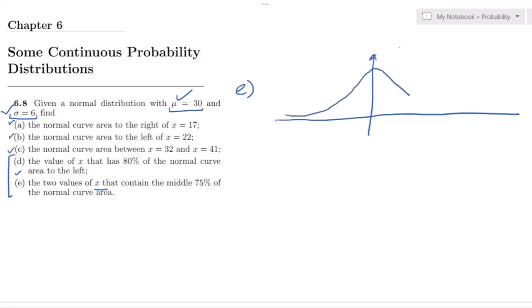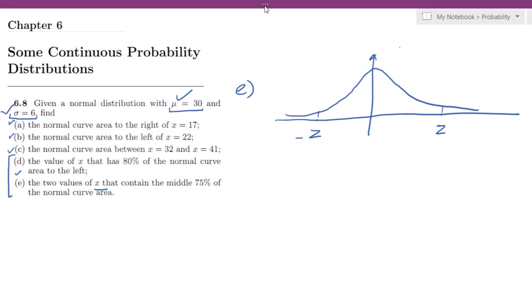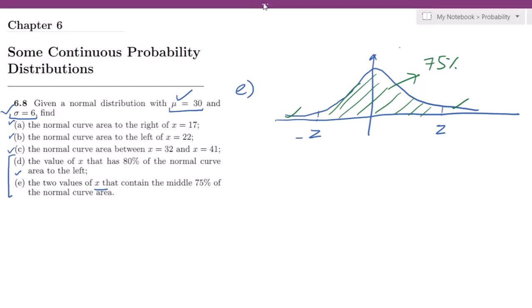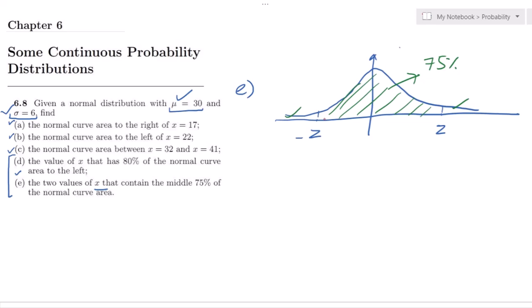Let me call them z and minus z, and the area in between them is this one, and this is around 75%. This area is 75%, means the overall area here was basically what? This was the remaining 25%, means this plus this one.